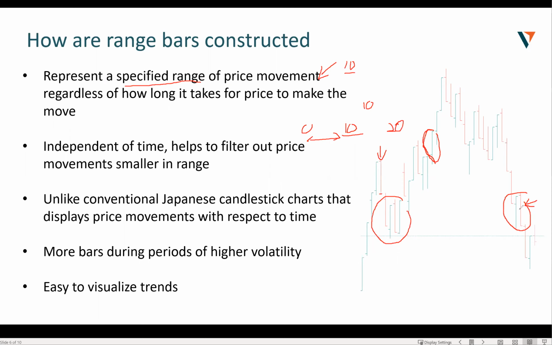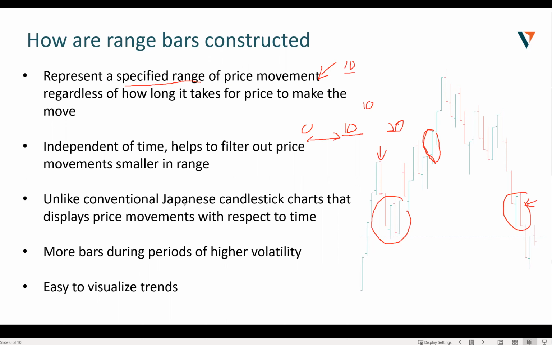The more bars that are printed, the higher the volatility. So what this also suggests is that at particular price points, there are areas that come in with higher volatility.